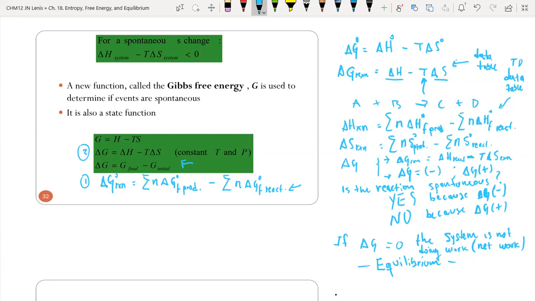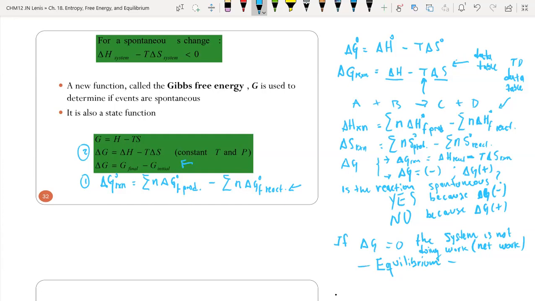And we can make modifications, changes on thermodynamic conditions, increasing delta H, decreasing delta H, increasing temperature, or lowering temperature, in order to make the system work.